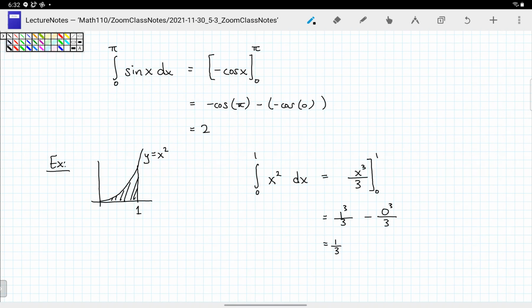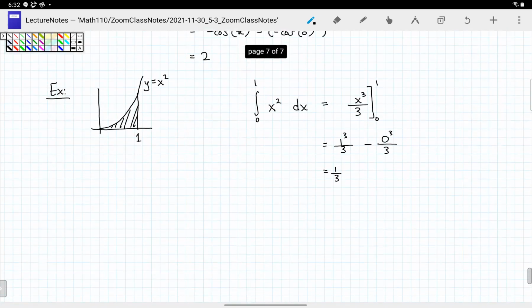So there we go. That's how to use the fundamental theorem of calculus. The second statement of the fundamental theorem of calculus actually gives us ways of calculating definite integrals if we can find an antiderivative of the function, the integrand. And it also tells us that the integral is very much related to antiderivatives.